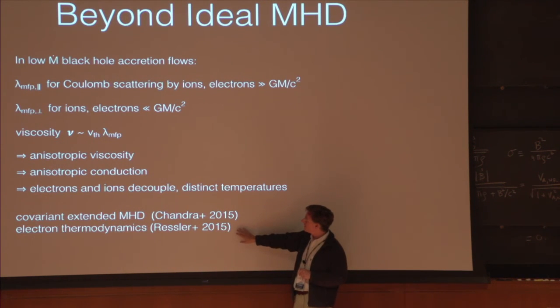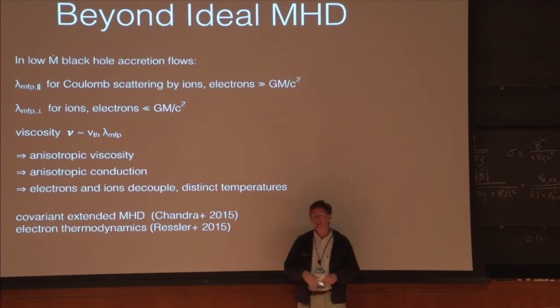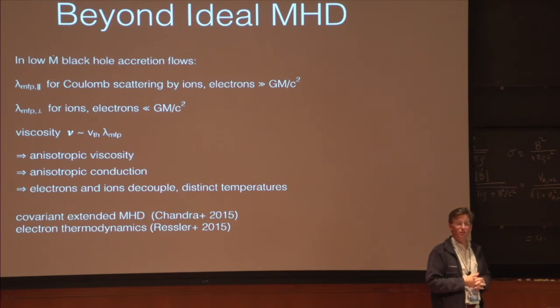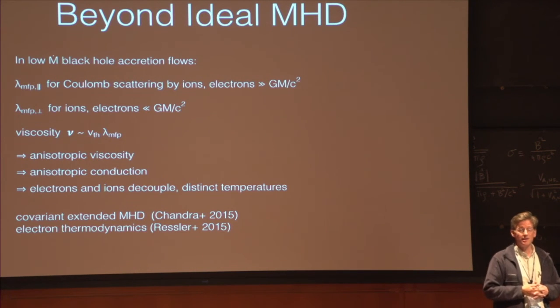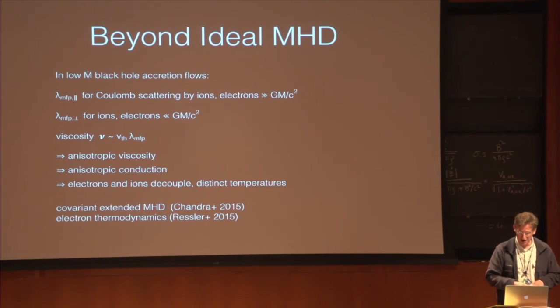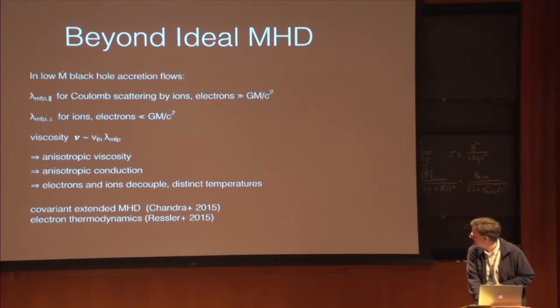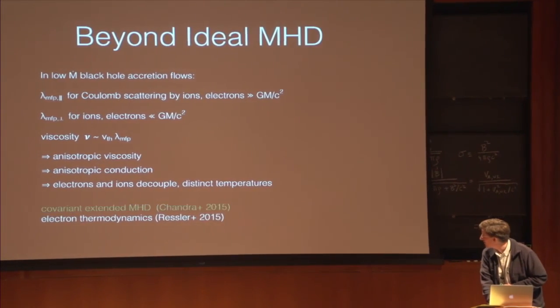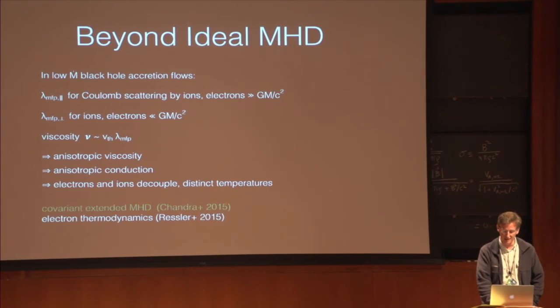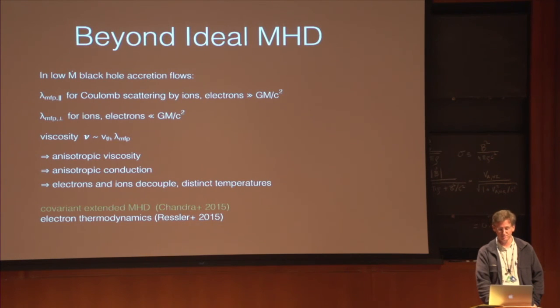And then a theory that incorporates the possibility that the electrons have a distinct thermodynamic evolution from the ions. And that's work that was led by Sean Ressler, who is here somewhere. Sean, good.